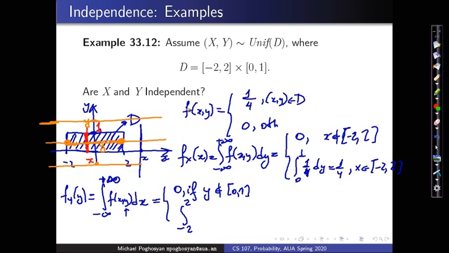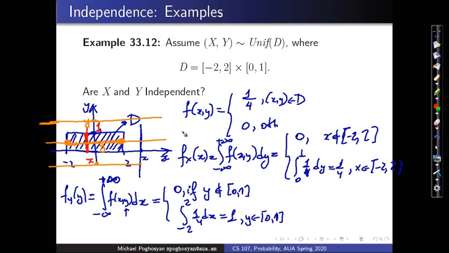I'm integrating this function, which is 1 over 4, dx. The 1 over 4 goes out, and I will have the integral of 1 from -2 to 2, that is giving the length of this interval, which is 4. So 4 over 4, 1, if y is from 0 to 1.